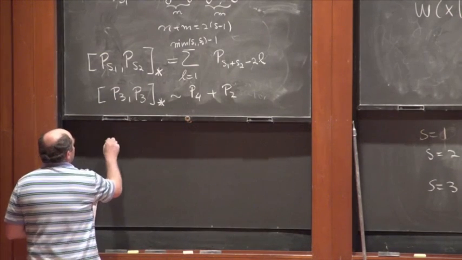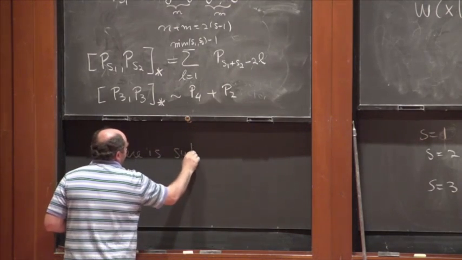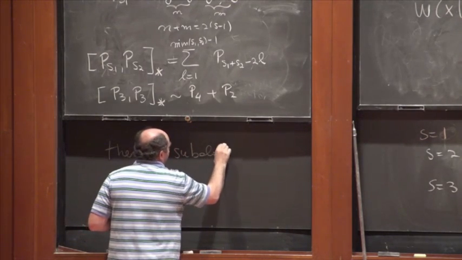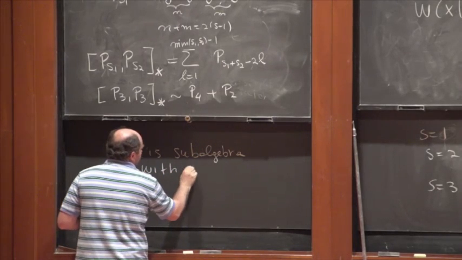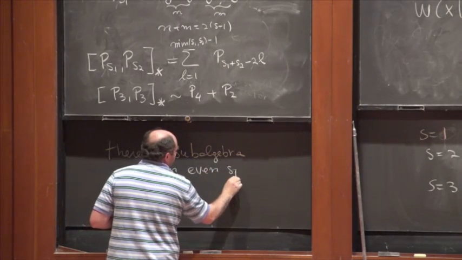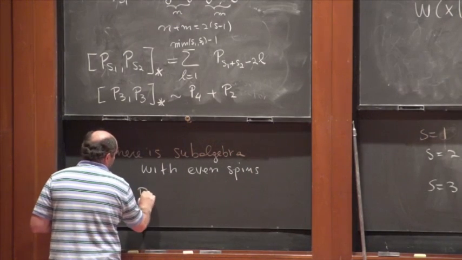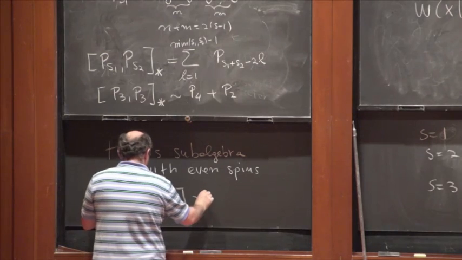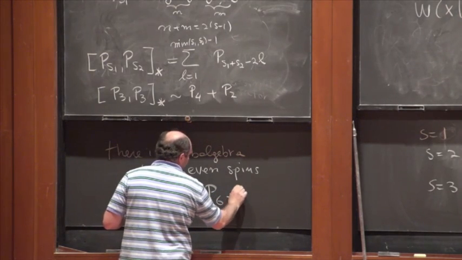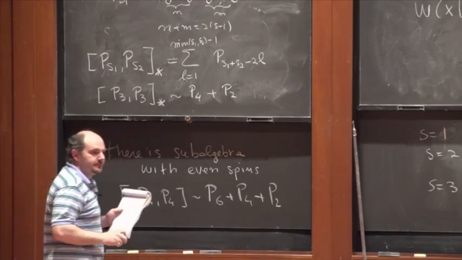So there is a subalgebra with even spins only. For instance, if you look at the commutator of P4 with P4, you get P6, P4, and P2.